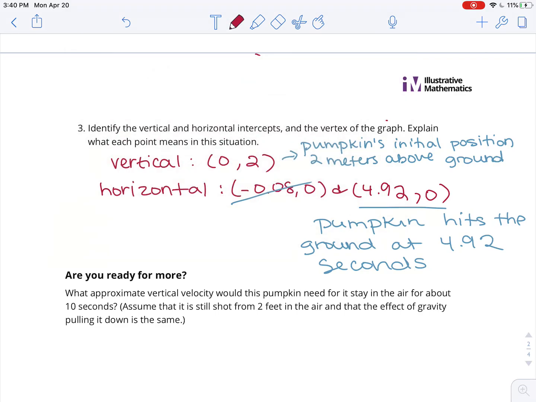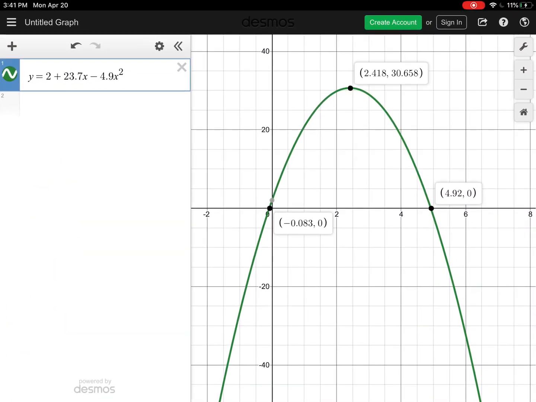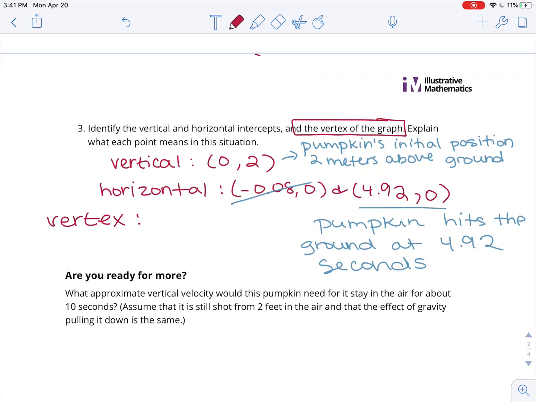The last thing that the question asked us to do was to determine the vertex of the graph and then explain what that means. And so we can see that the vertex here, if we go back onto our graph, is going to be the max in this case, and it's about 2.4 and 30.7 if we round.